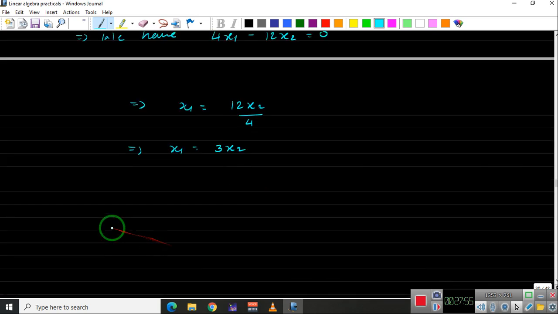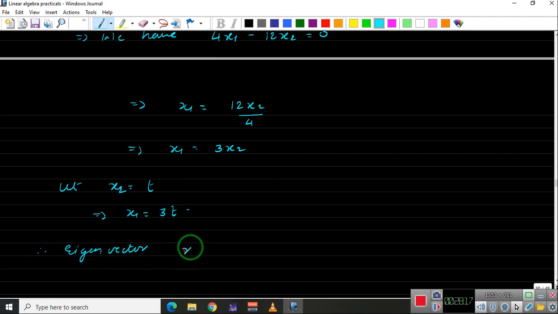Okay, so let us take x2 as t. So x2 equals t. This implies x1 equals 3t, and therefore the eigenvector x bar is x1, x2, and after solving this system we got x1 as 3t and x2 as t.